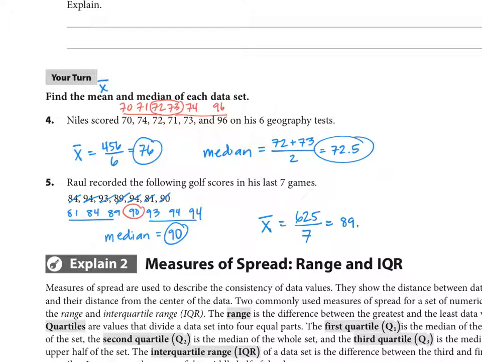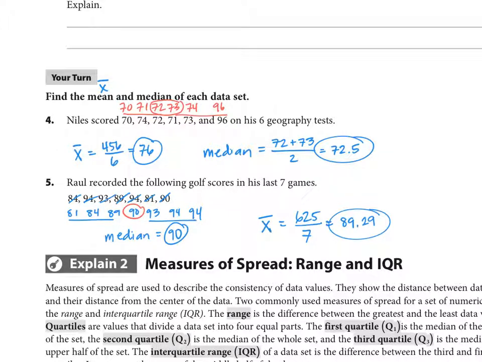And in these directions up at the top, it doesn't tell us how they want us to round it, so it's safe to either round it to the nearest 10th or the nearest 100th. Actually, let me do the nearest 100th. It'll be 89.29 because it's 285. Okay, and there you have it. That's how we find measures of center.